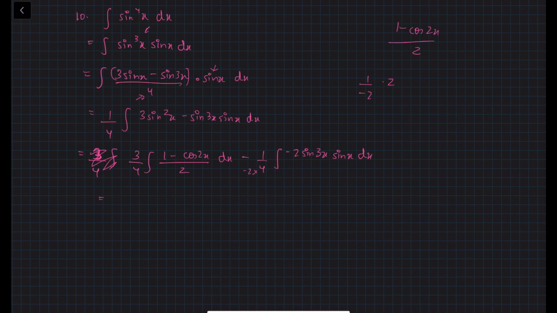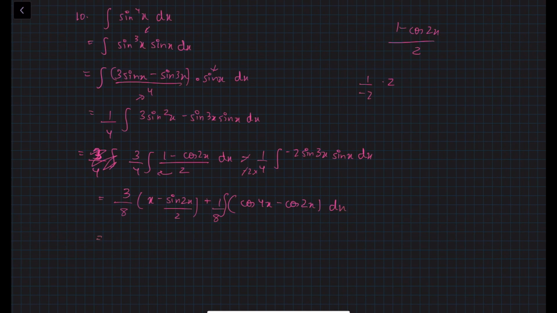And now I'm just gonna take this 2 outside here, become a 3 by 8, and I'm gonna integrate. So the integral of 1 is of course x, and for negative cosine 2x it's negative sine 2x over 2. Then here this minus and that minus cancel out, so a plus 1 over 8, and this becomes the integral of cosine 4x minus cosine 2x dx.